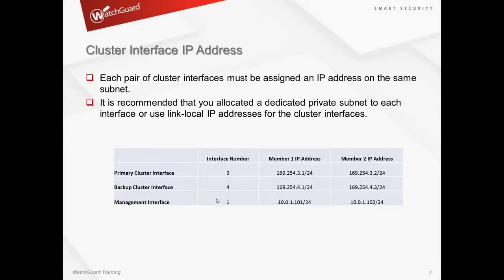Now, we also have that management interface, and that's if I want to connect to the Firebox individually. So I can simply go to the web UI or connect through WSM to this individual box or the member 2 IP address.